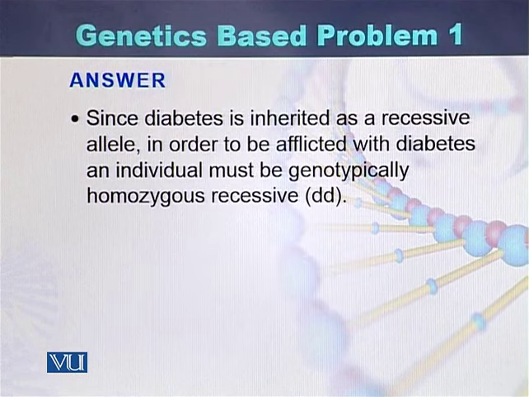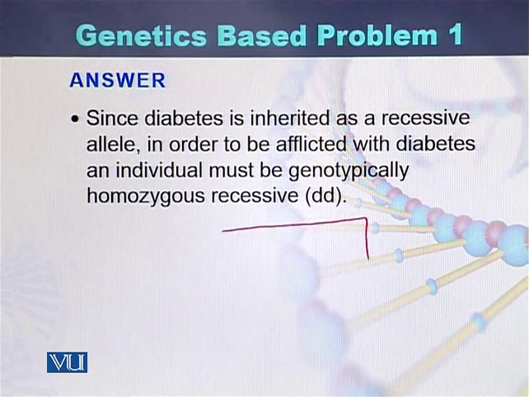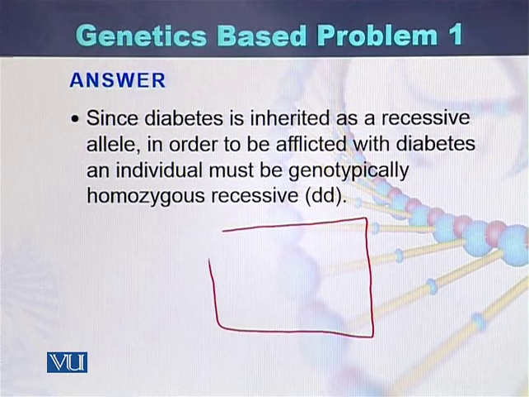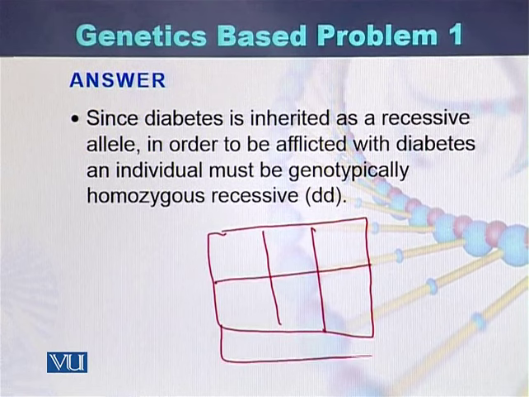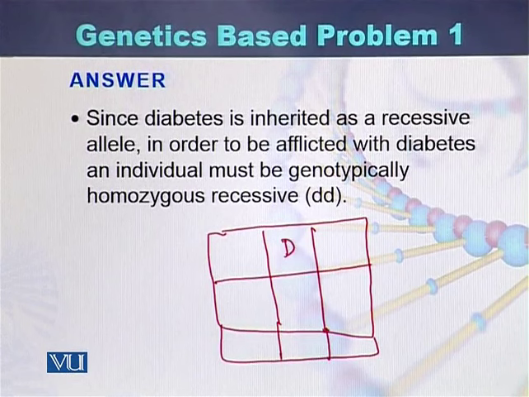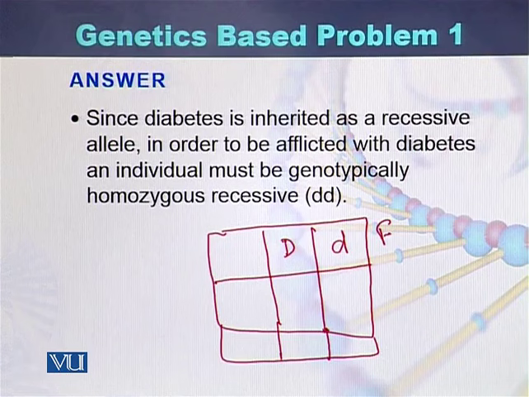If we draw the Punnett square to solve this problem, we will see that both the parents are heterozygous. Father is Dd, these are the alleles of the father, and mother is also Dd.